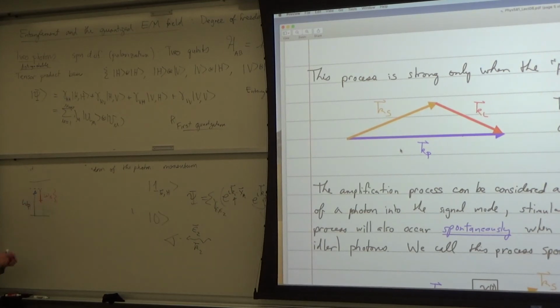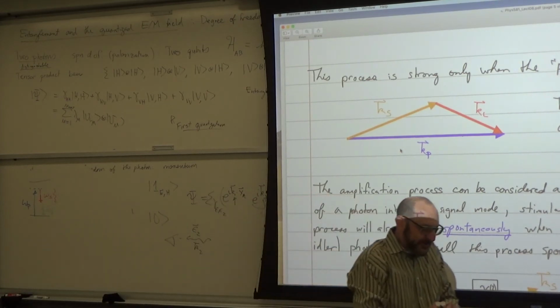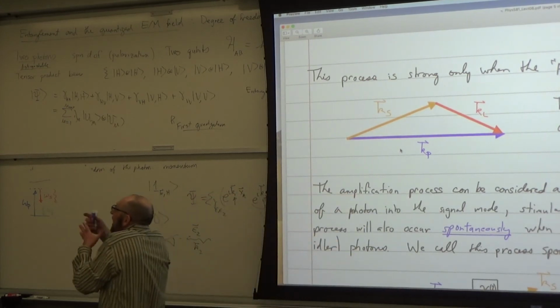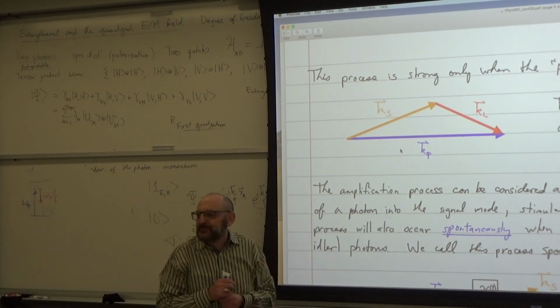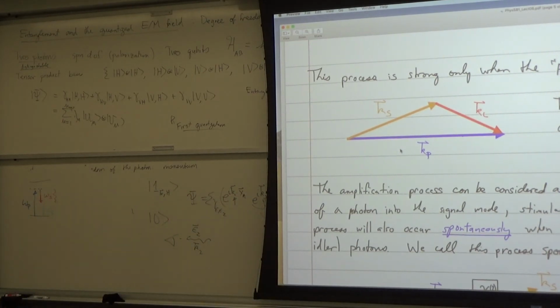Because I have a two-photon process. So that's why it's hard to make materials that do three-wave mixing. They have to break inversion symmetry. A gas of atoms cannot be a three-wave mixer because the atoms are parity eigenstates. They do four-wave mixing, but not three-wave mixing.